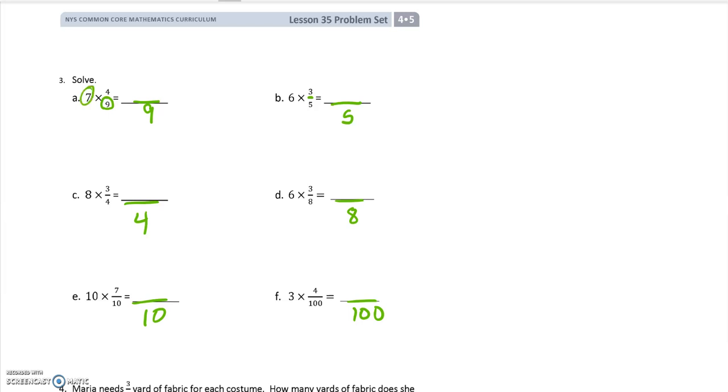Now I know I need 7 groups of 4/9. 7 times 4 is 28. I need 6 groups of 3/5. 6, 12, 18.